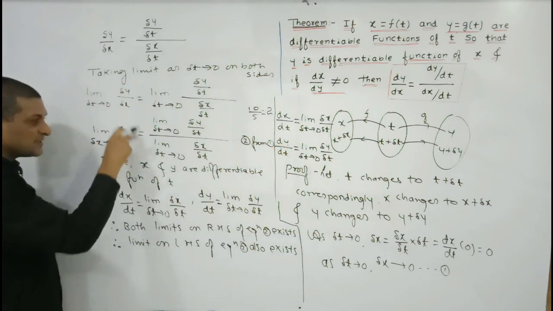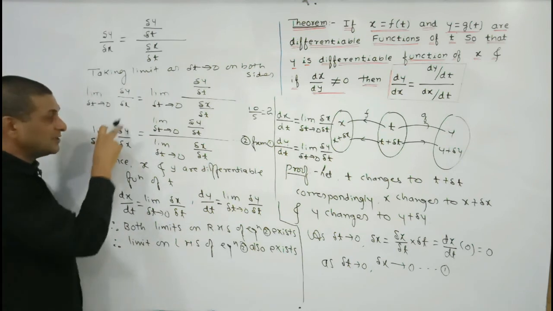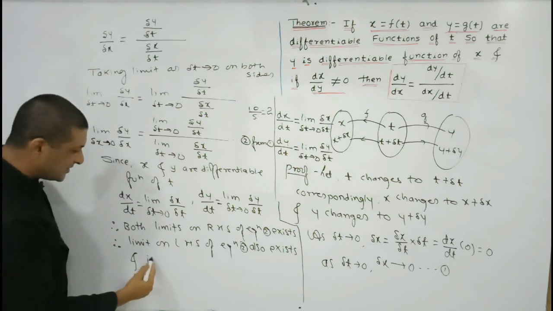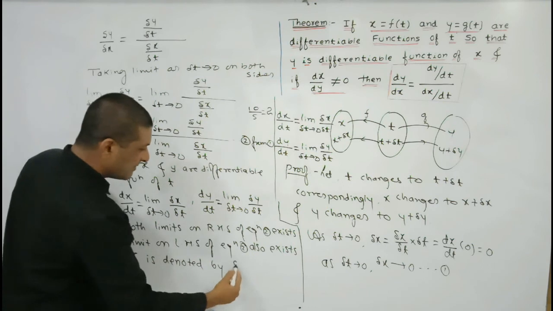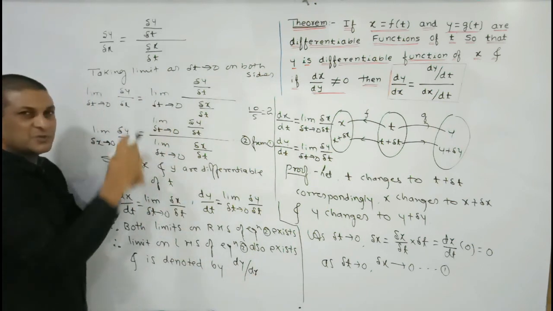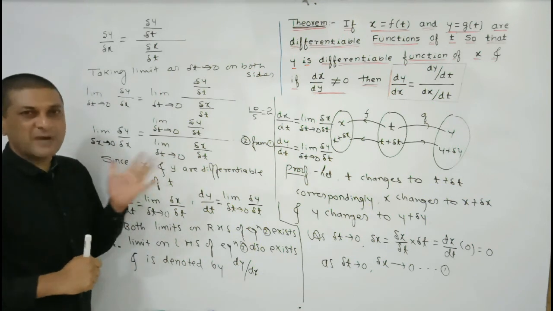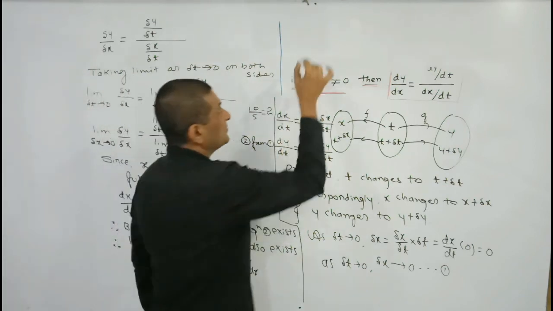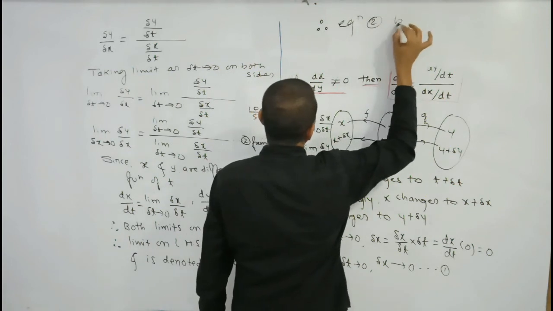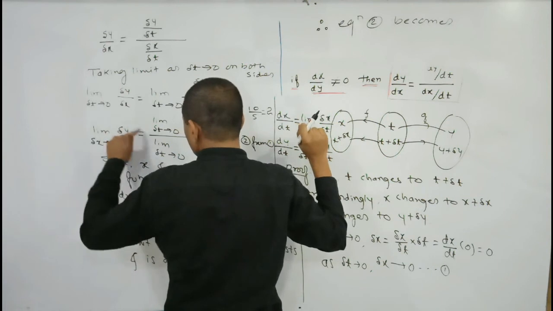If this limit exists, then here we have delta y upon delta x, so this will be denoted by dy by dx. Now all these values we are substituting in equation number 2. Let us see what result we will get if we substitute these values in equation number 2. So equation 2 becomes: now observe the left hand side of this equation 2.